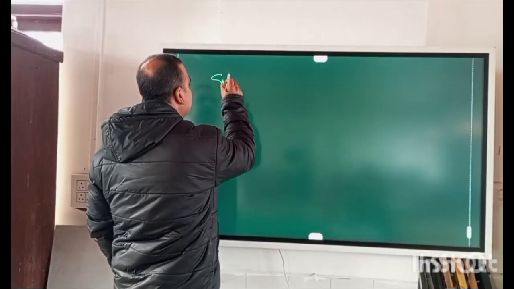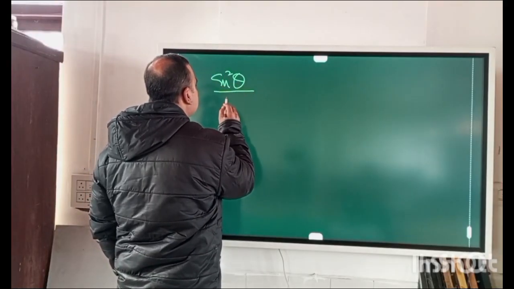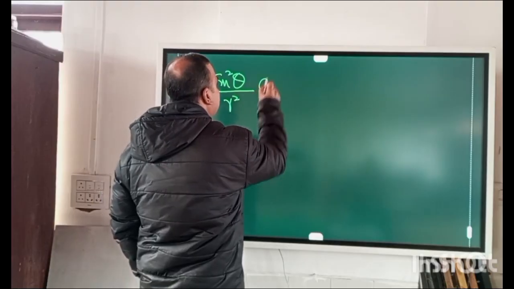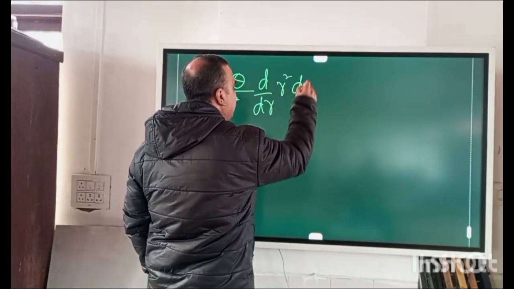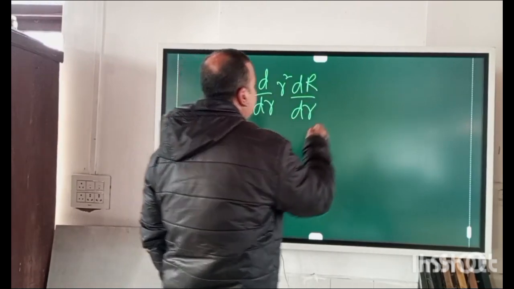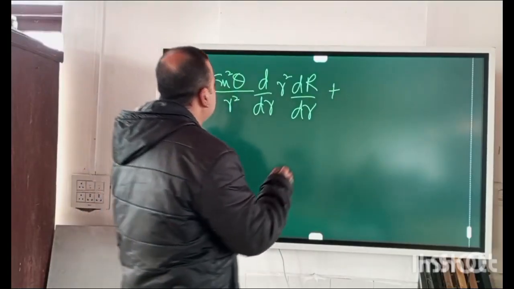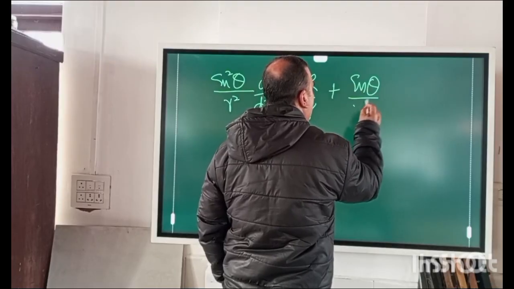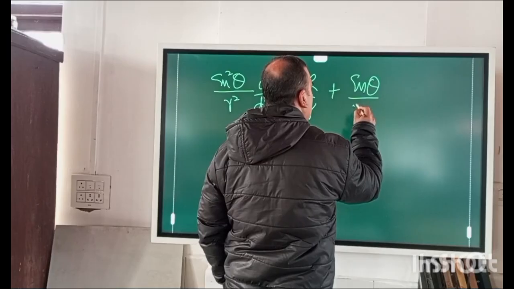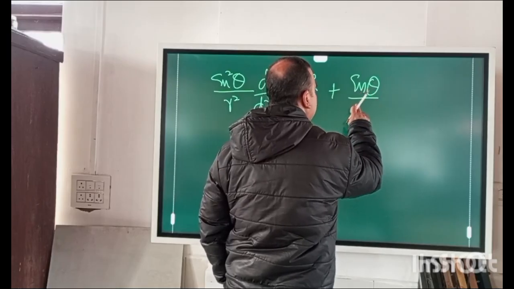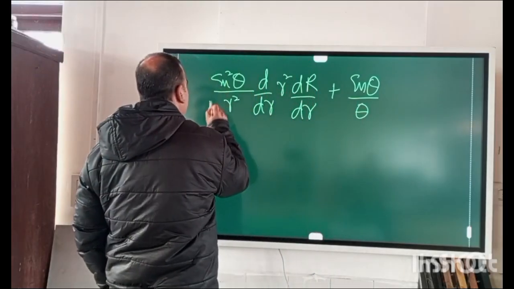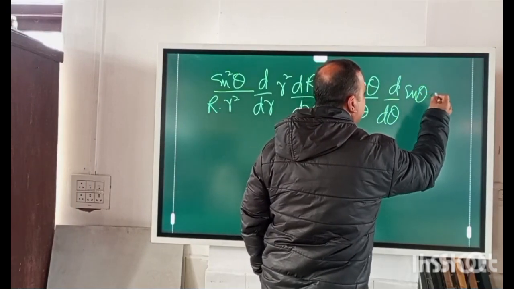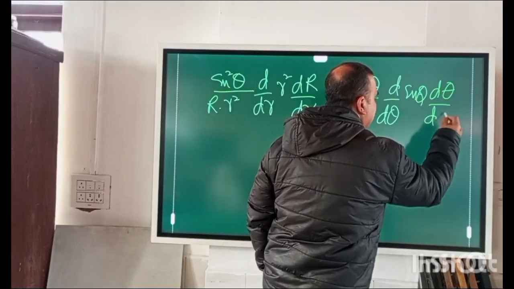The left hand side was probably sine square theta by r square, d by dr of r square dR by dr, plus sine theta by theta, and here we had r, and d by d theta of sine theta d theta by d theta.